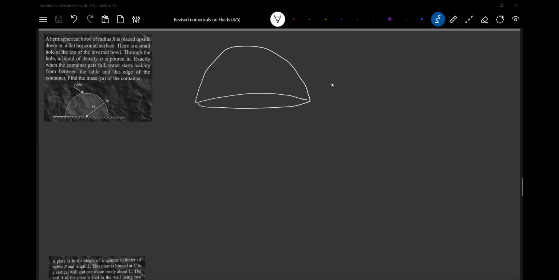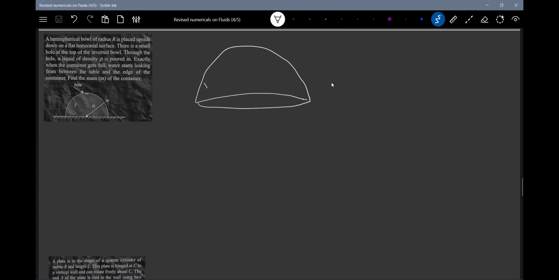Some correction is needed. The water will come into picture. So everywhere the water will exert a force like this, no doubt. The liquid will exert a force. The water will exert force on the ball.